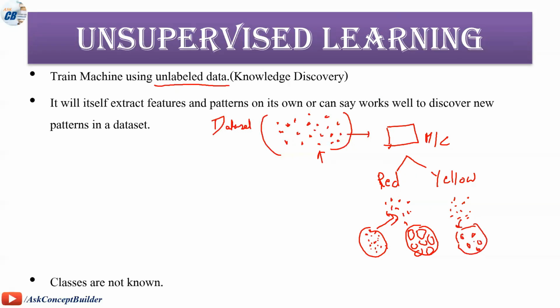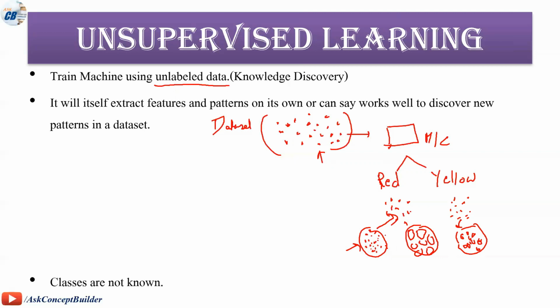So based on the features or patterns it observed, the machine has itself formed three groups. Now it does not know whether this is apple, banana or cherry, because we have not labeled the data, so the machine also doesn't know. It has simply formed three different clusters.